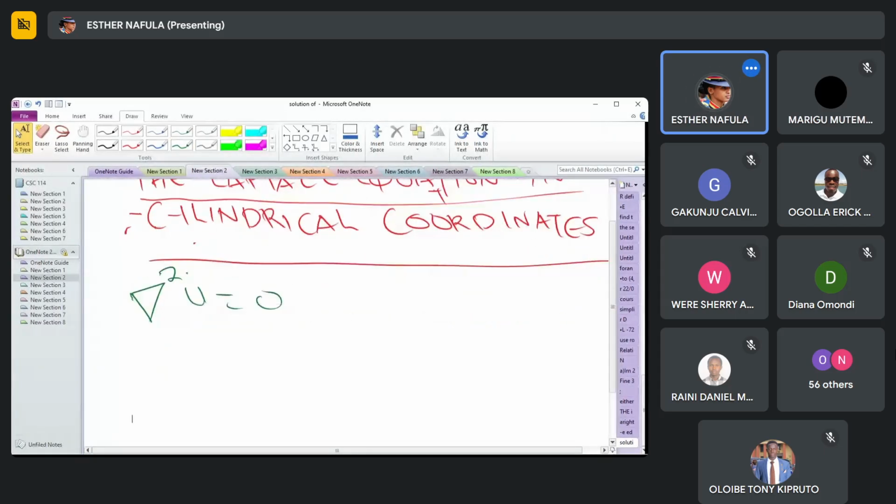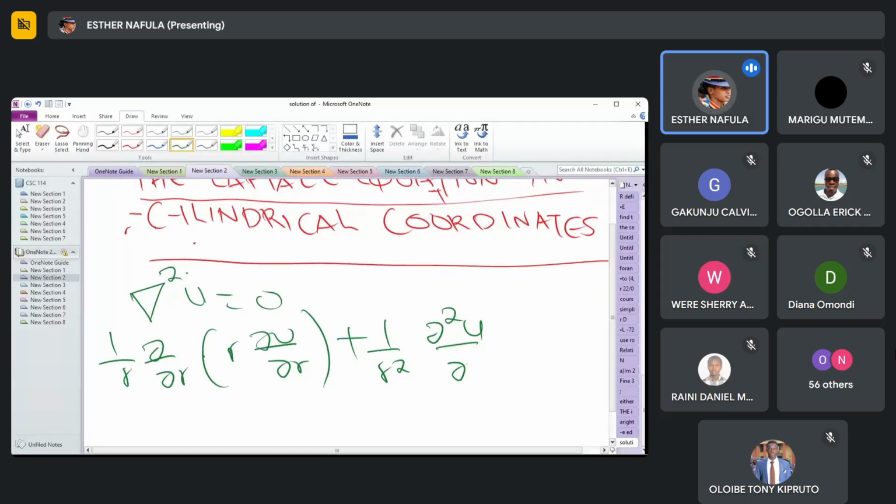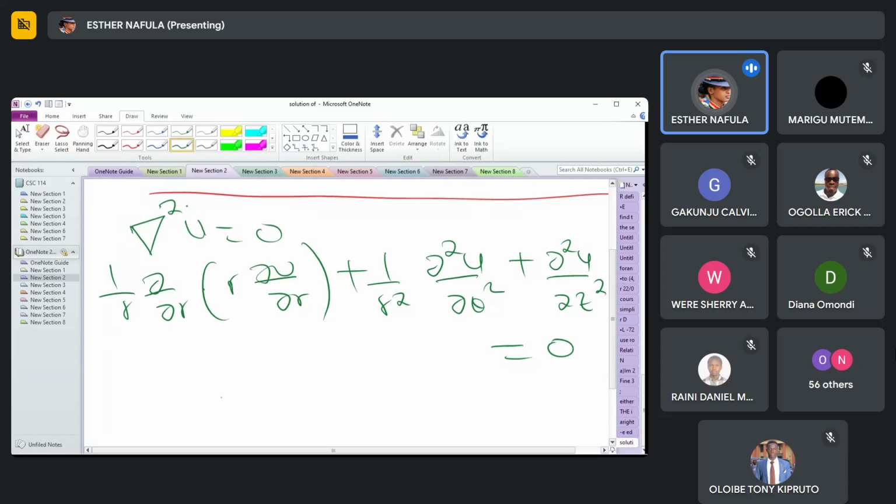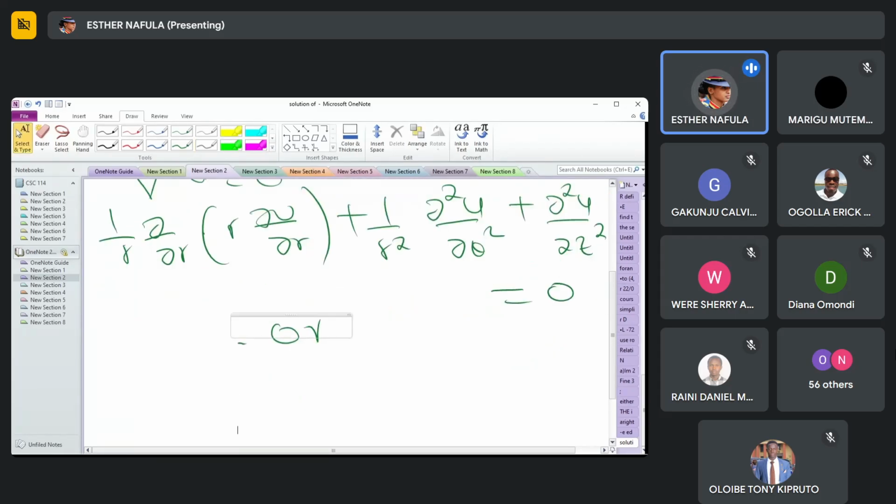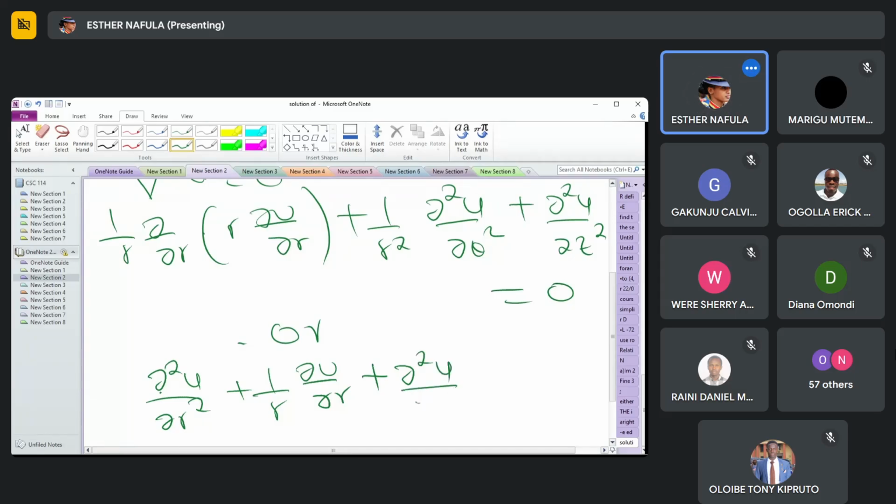In cylindrical coordinates, it's given as 1 over r partial r, r partial u partial r, plus 1 over r squared partial squared u partial theta squared, plus partial squared u partial z squared equals 0, which is equivalent to, if you apply product rule to the first part, partial squared u partial r squared plus 1 over r partial u partial r plus 1 over r squared partial squared u partial theta squared plus partial squared u partial z squared equals 0.